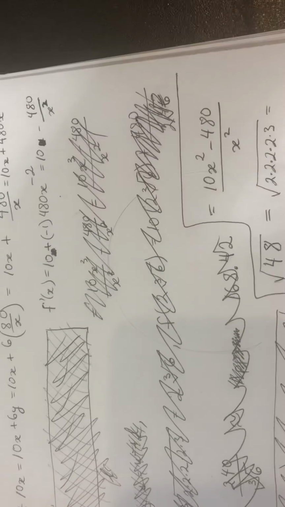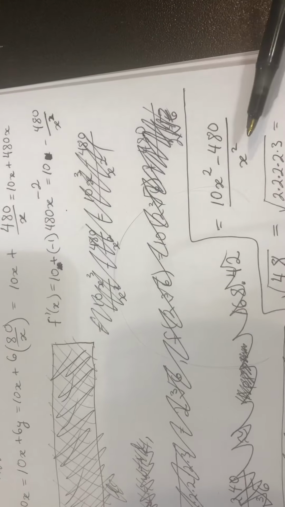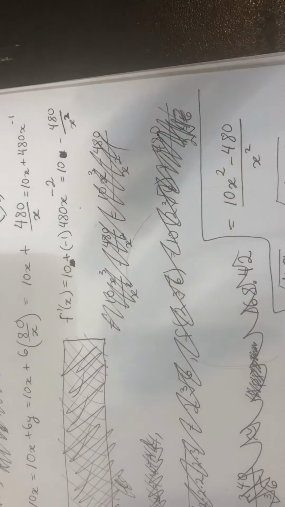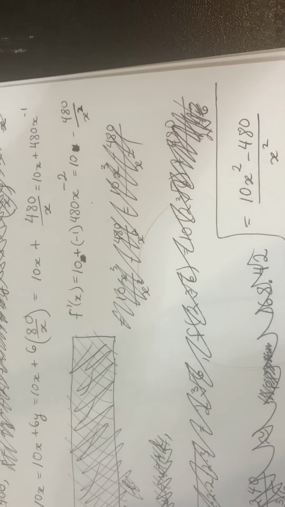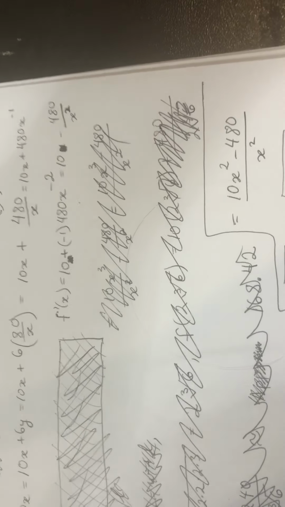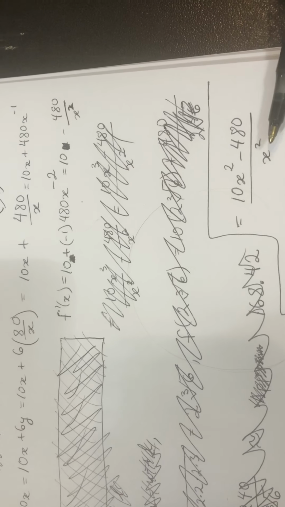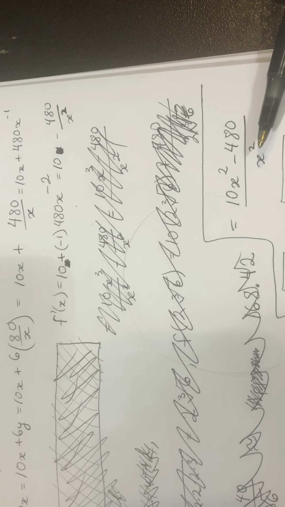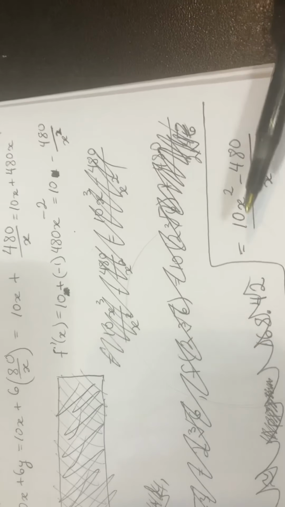We're looking for the sign of the derivative. Think about the denominator. The denominator is x squared. x is always positive, so we can ignore the denominator if we're just analyzing the sign of this expression. So let's focus on the numerator.